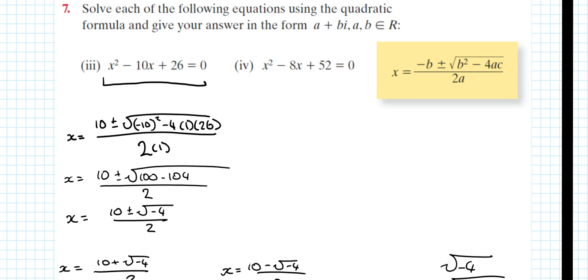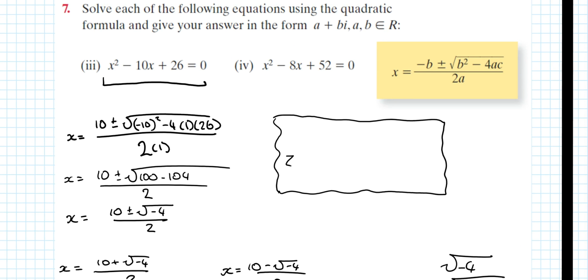Generally speaking, if you had an equation with x's in it, you would expect the roots to be real. More often with complex numbers, we end up having the equations written as z squared minus 10z plus 26 is equal to 0. Z is by far the more common variable in complex numbers.